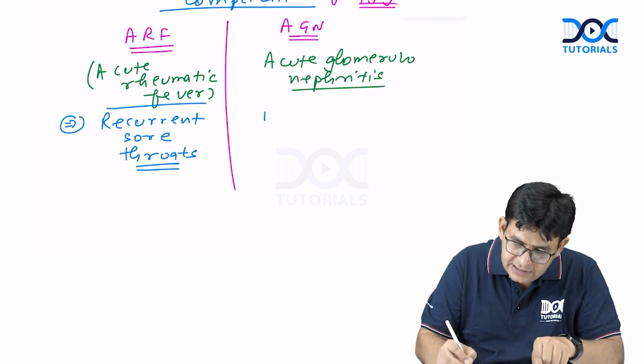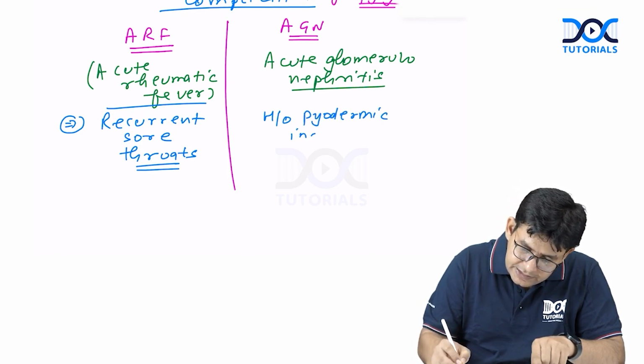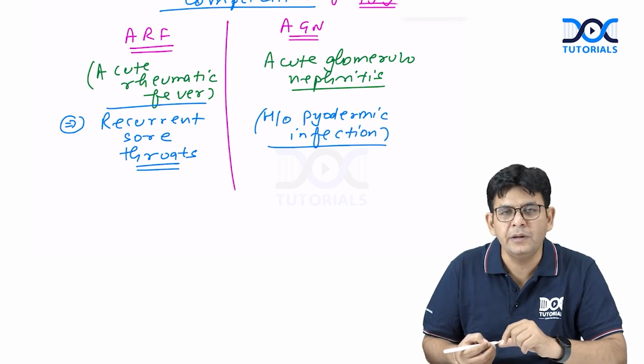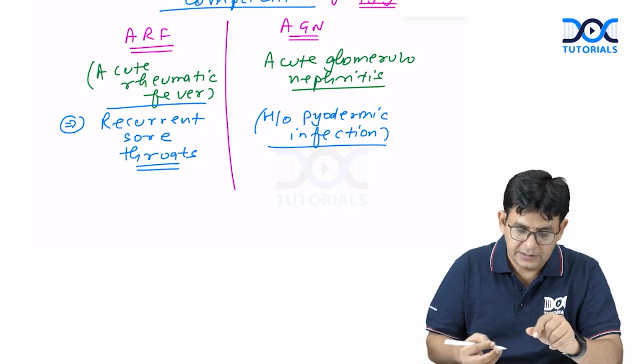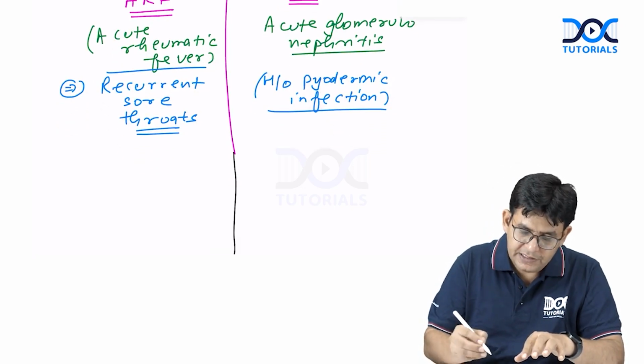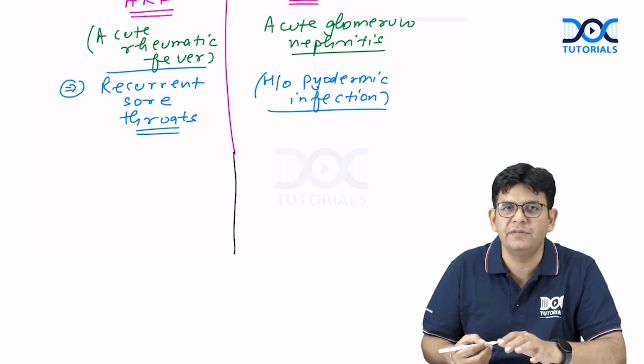Whereas in acute glomerulonephritis, there is a history of what, guys? History of pyodermic infection. So in one there are recurrent sore throats, in another there is a history of pyodermic infection.